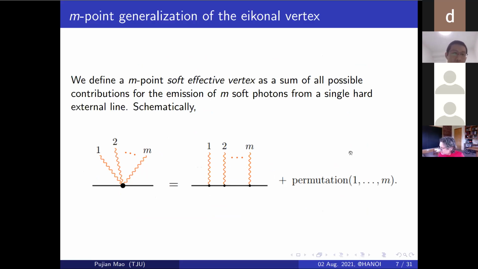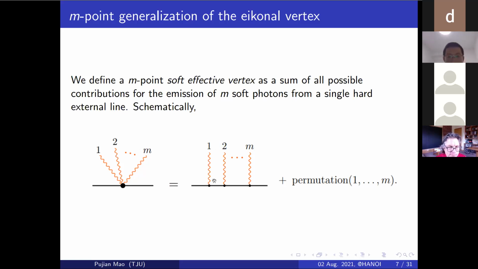For convenience, we define an n-point effective vertex. It's a sum of all possible contributions for the emission of m soft photons from a single hard external line, and in diagrams, just a summation of all possibilities. Here I want to comment on the consecutive double soft theorem.